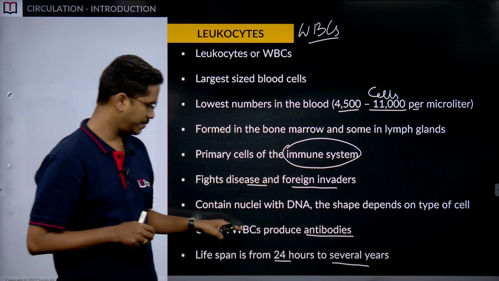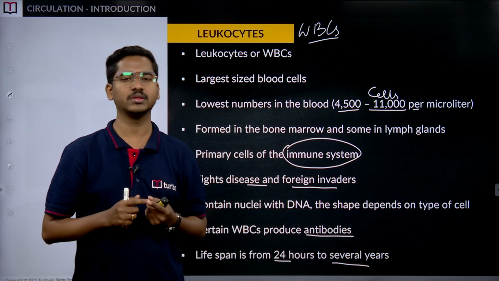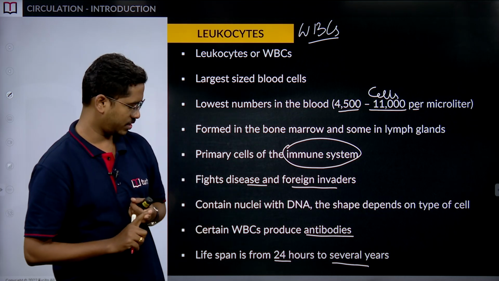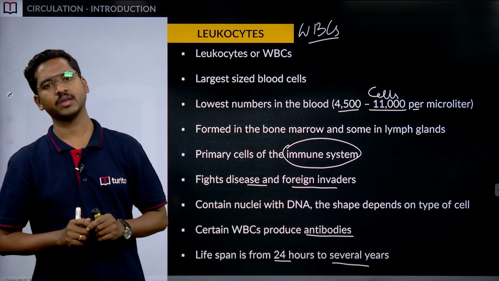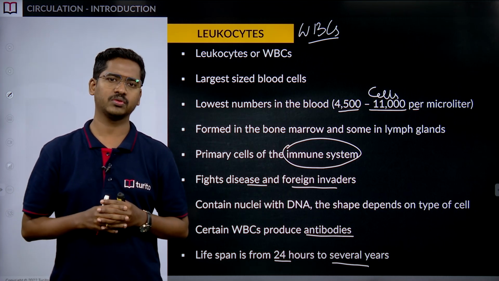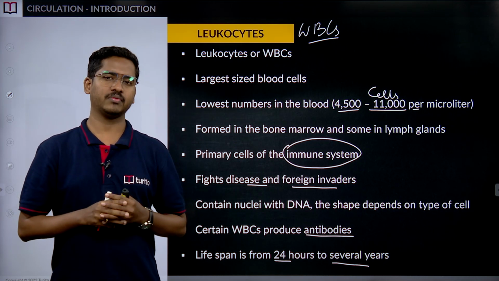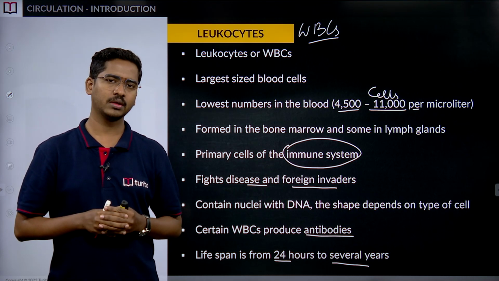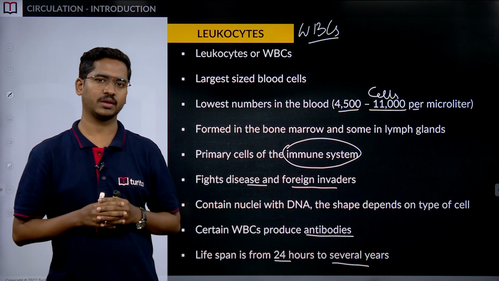Since WBCs are fighting against the germs, against the disease causing microorganisms, they last for 24 hours to several years. If we get infected with a pathogen that caused some disease, let us say fever, using medicines and sufficient food, that infection can be given away, fine.